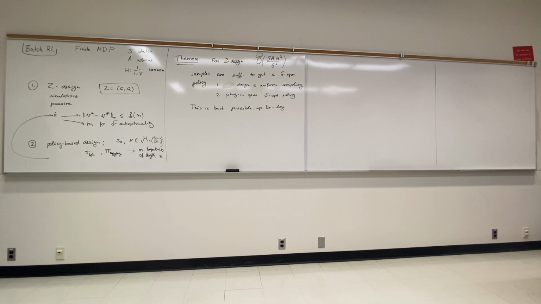Since you have complete lack of knowledge of what the MDP is, you cannot possibly want to get more observations at a particular state-action pair than at another one. And you can make that rigorous. It's not too hard. So for sure the uniform sampling is optimal.